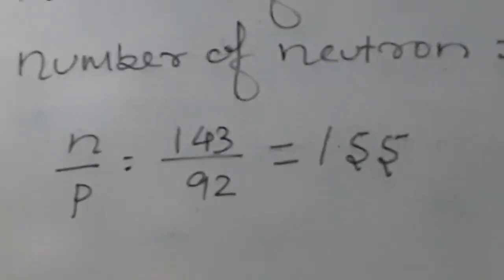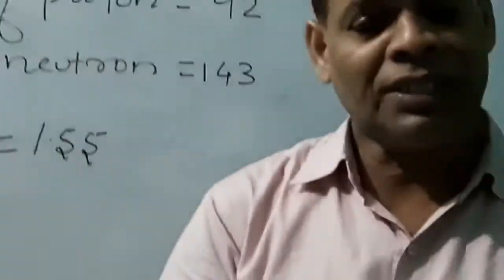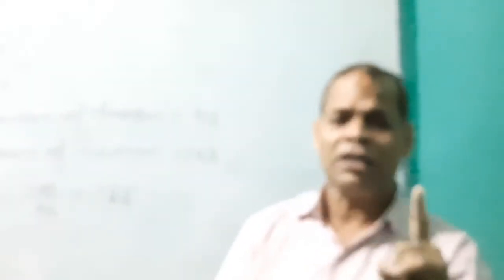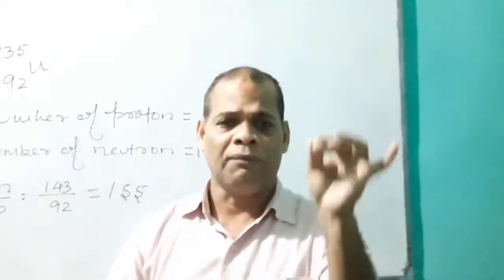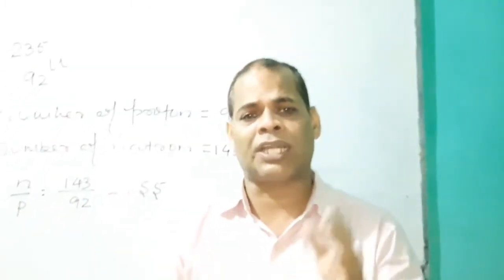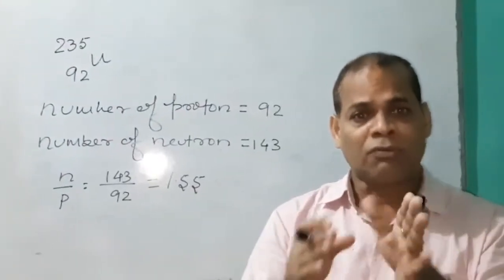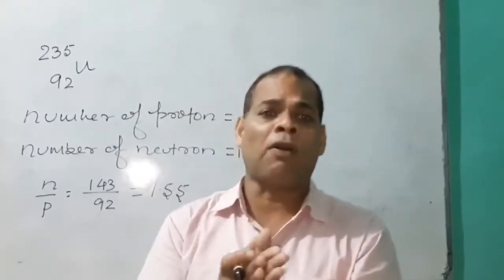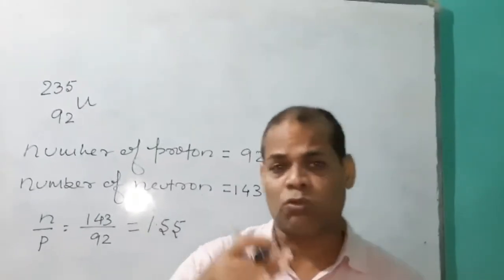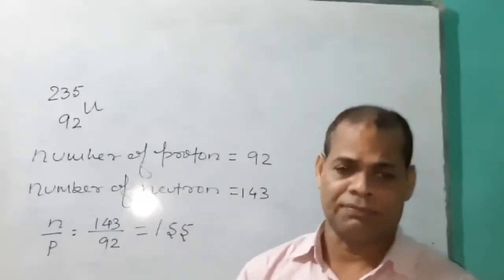That is approximately 1.55. Just as I have mentioned, if the N by P ratio is 1, the nucleus is very stable, but when the N by P ratio is greater than 1, especially when its value exceeds 1.5, then its nucleus is unstable.